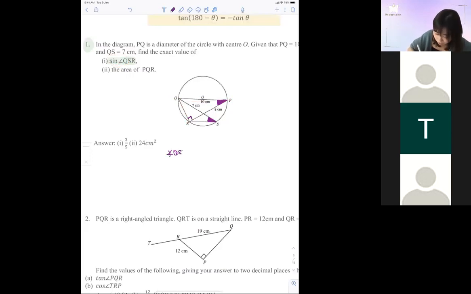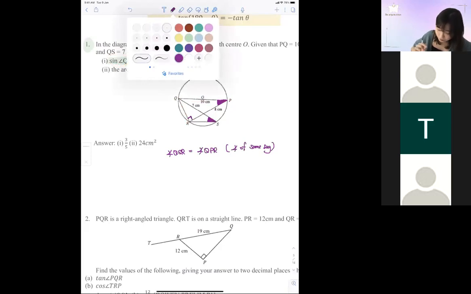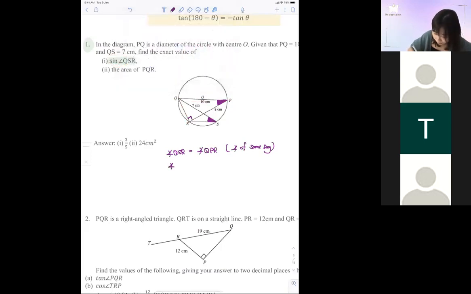Angle QSR is equal to angle QPR because of angles in the same segment. Okay, and then angle QRP is 90 degrees because angle in a semicircle. Okay, in the exam, spell everything out.